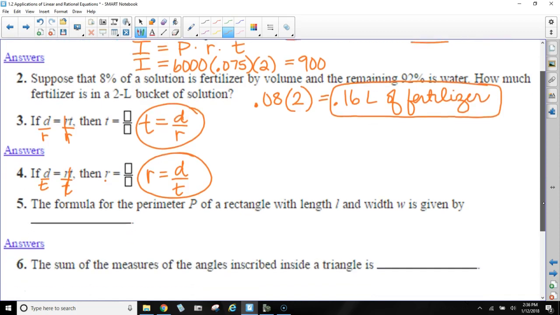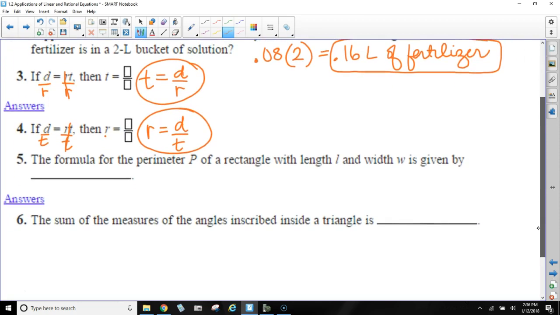And number 5, the formula for the perimeter of a rectangle with length L and width W. This might be one of those formulas you need to know from geometry to get those types of problems set up. Let's draw a little rectangle that has a length of L and a width of W. That also means that up here that's an L amount and over here that's the same width.